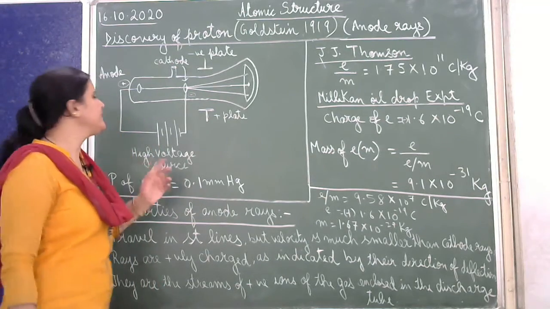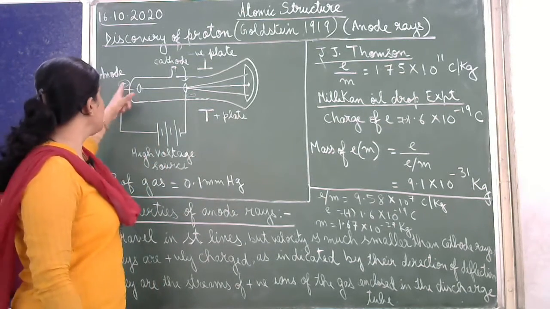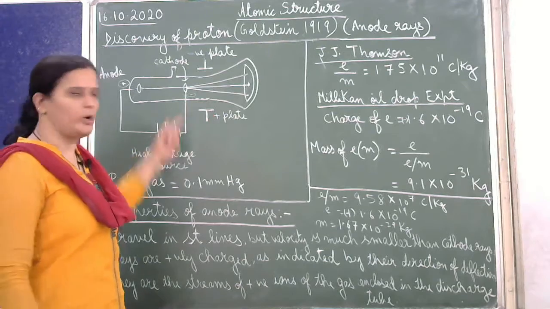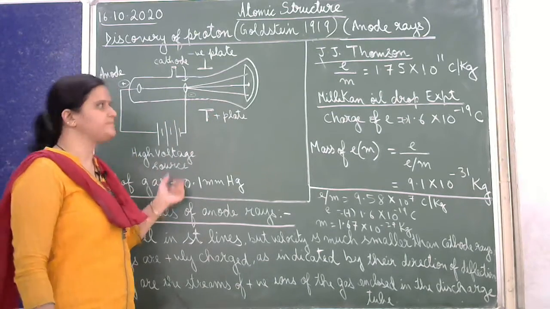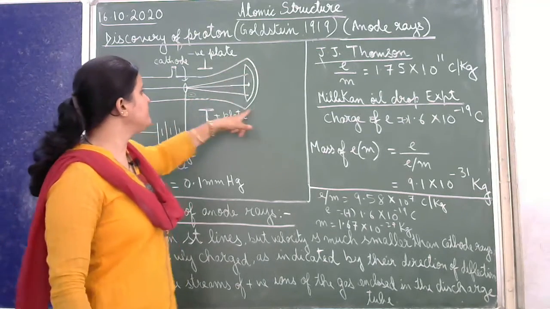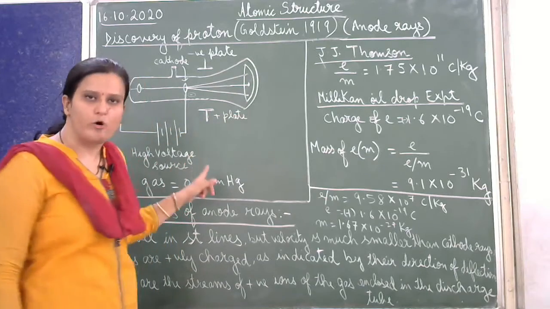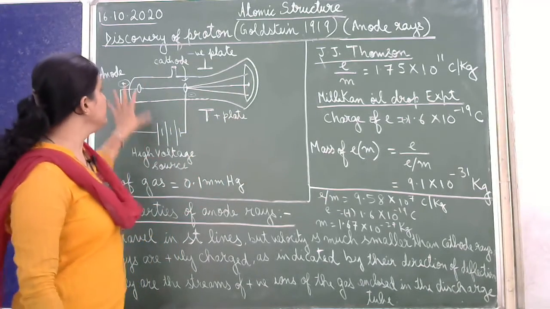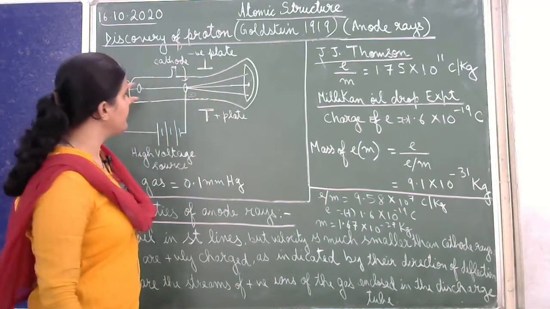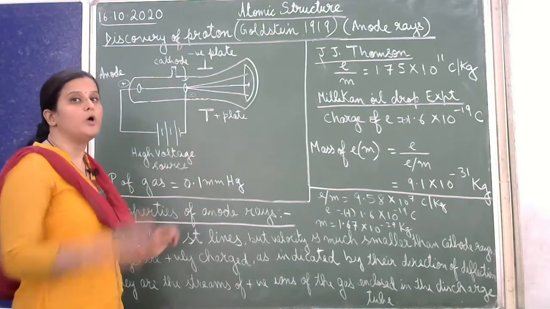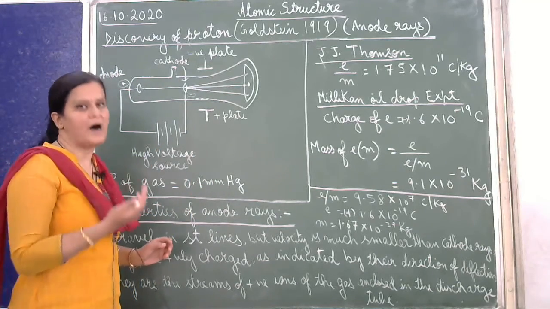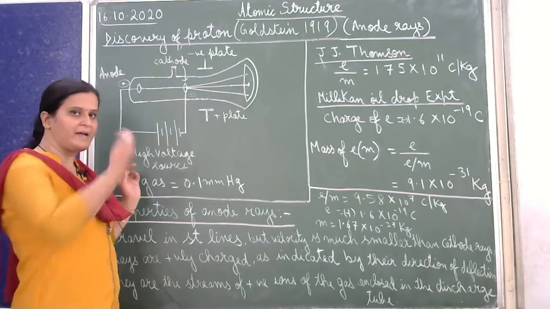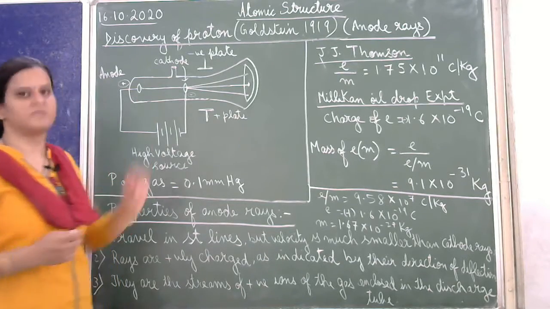He again connected the anode and the cathode with a high voltage source. The end of this tube was coated with a fluorescent material, and the pressure of the gas inside this discharge tube was comparatively a little higher than in the cathode ray experiment which Thomson did.